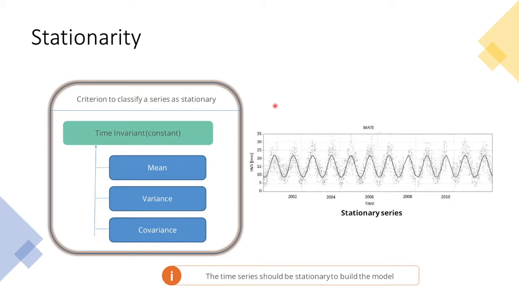Let's now understand what stationarity is. Stationarity is an important characteristic of time series. If the statistical properties of a time series do not change over time, then the time series data is said to be stationary.